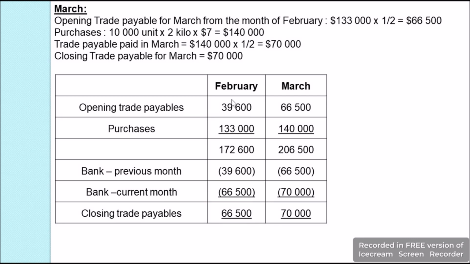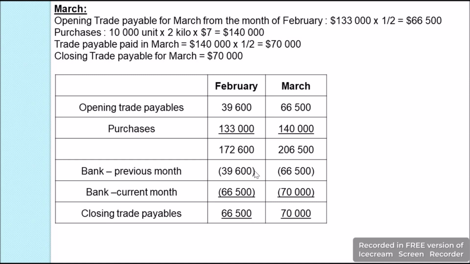Now let's make the trade payable budget. We will start with the month of Feb, where we have the opening trade payables as $39,600. This was the trade payables which we have brought forward from the month of January, and to this we add the purchases, which is $133,000. So when we total this up, it will be $172,600.